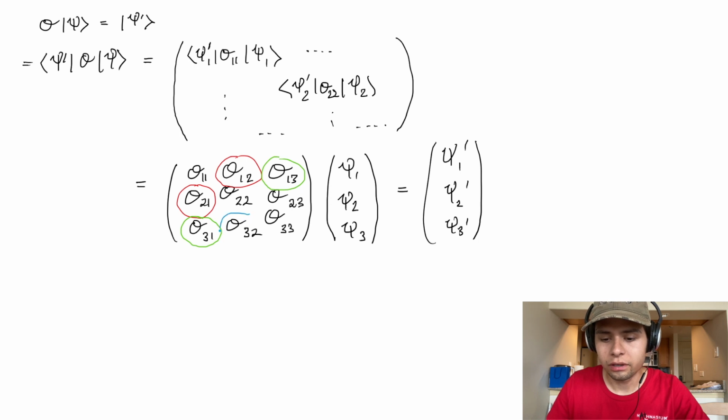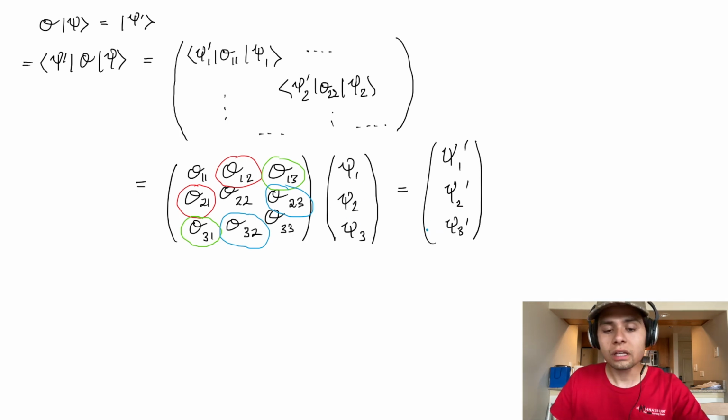But again, if those are the same, they're symmetric. If they're opposite of one another, they're antisymmetric. Again, this thing operates on this vector here, on the state, to transform it into a new state, which is this state right here.